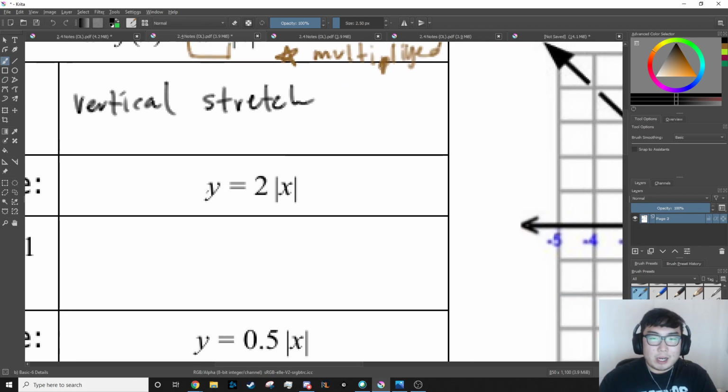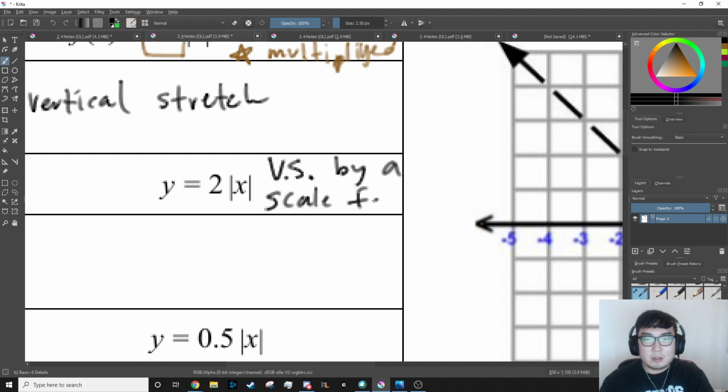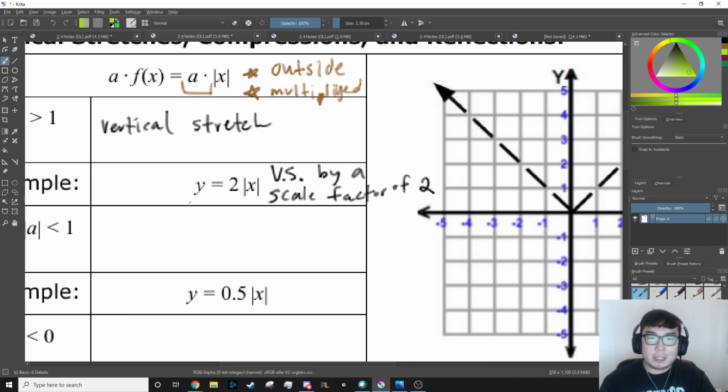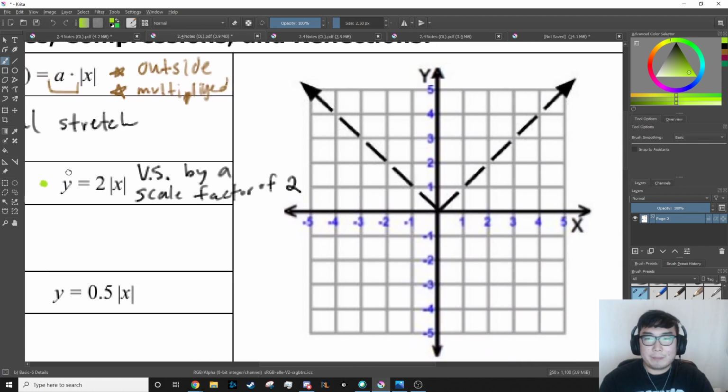So y equals 2 times the absolute value of x is a vertical stretch by a scale factor of 2. And I'm going to make this yellow color again. I kind of like this color. And I didn't have any translations or anything, right?